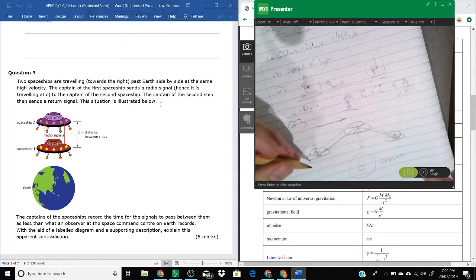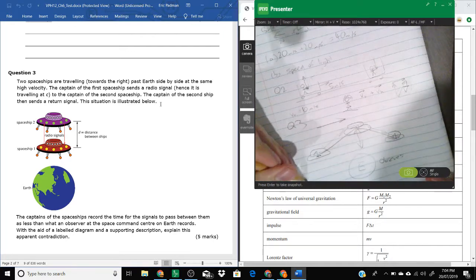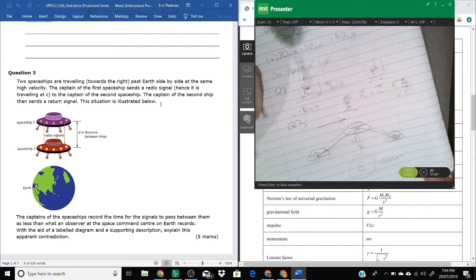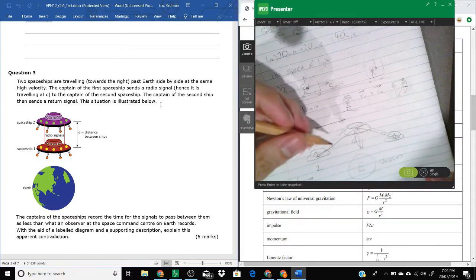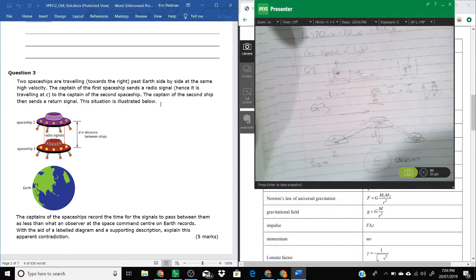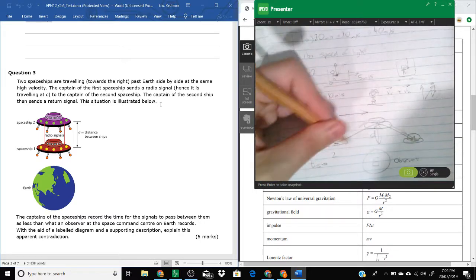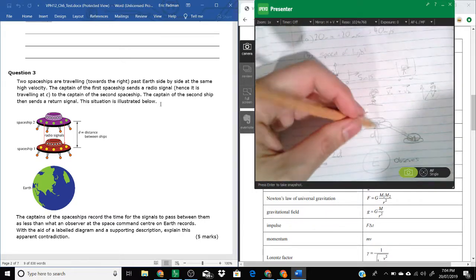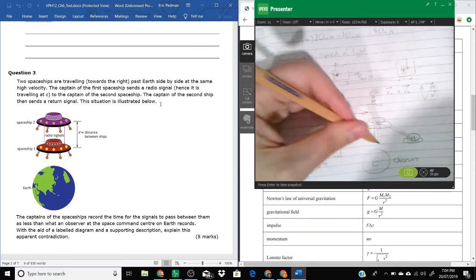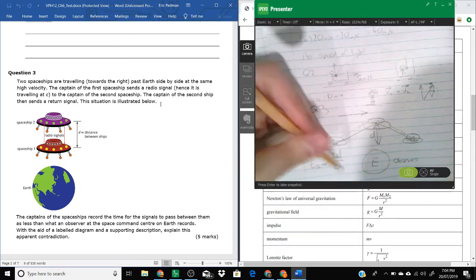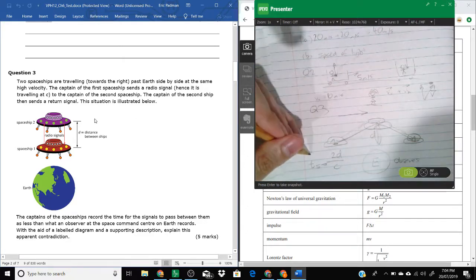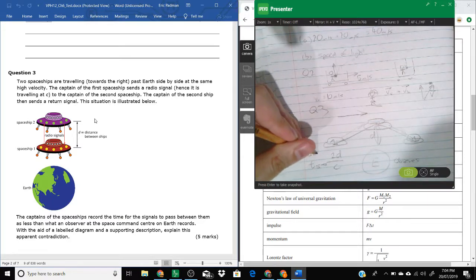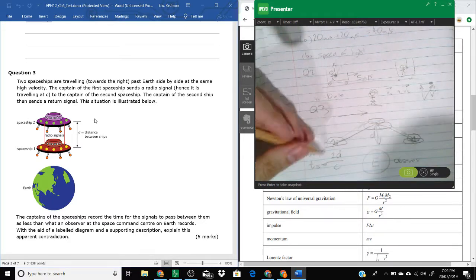This is distance d. The time relative to the spacecraft is 2d, up and back, divided by c. This is in the ship's frame.